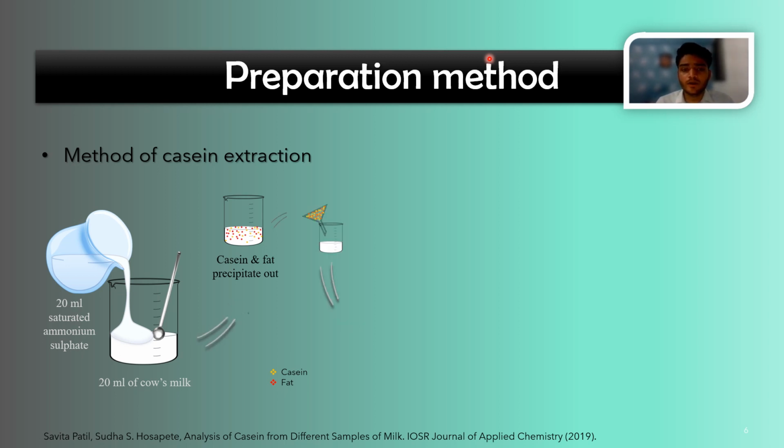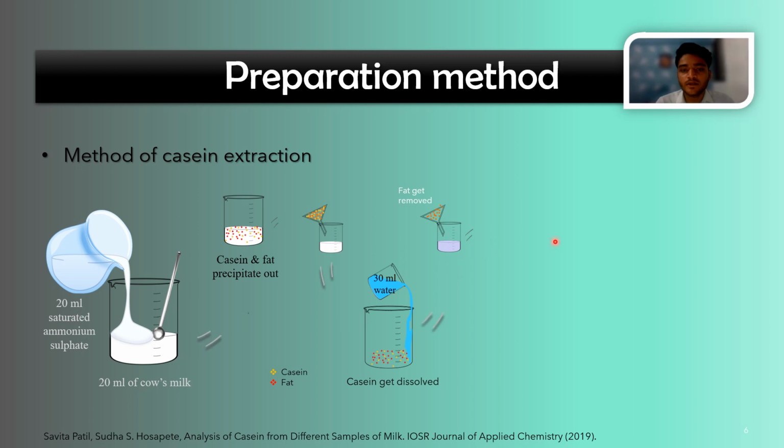In the other step we add the casein and fat precipitate to another beaker, adding 30 ml of water. The casein gets dissolved in it while the fat is removed after filtration. In the next step we heat that casein dissolved liquid, where we get a casein and water solution mixture.